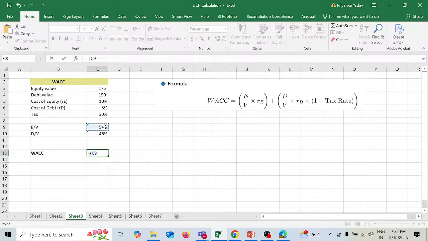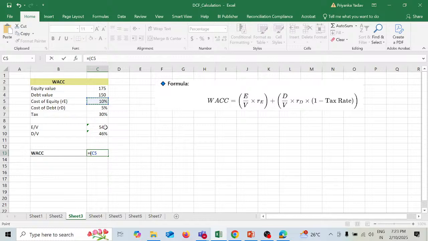Now this is multiplied with RE, that means your cost of equity. Okay, so this is the cost of equity.